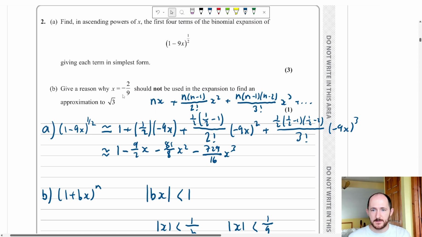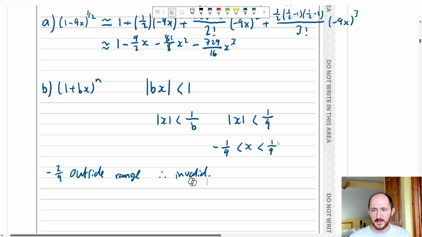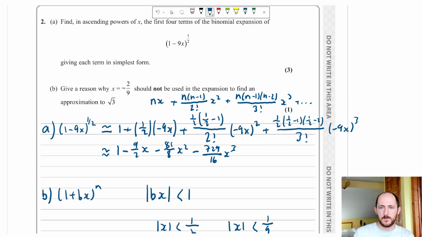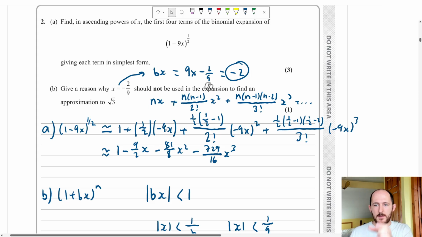Now, I should talk to you about why this is. The reason for this is when I times x by 9 in this context, so if I work out what bx is in this context, it's going to be 9 times minus 2 over 9, which is minus 2. Okay? Now the problem with that is if it's minus 2, then that means all of these values, if I sub in x equals minus 2 over 9 into all of these, can you see that it's always going to give me a number bigger than 1?